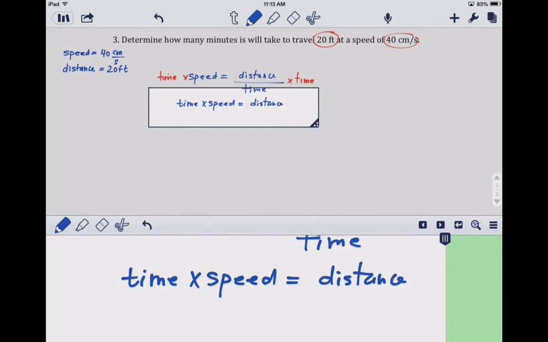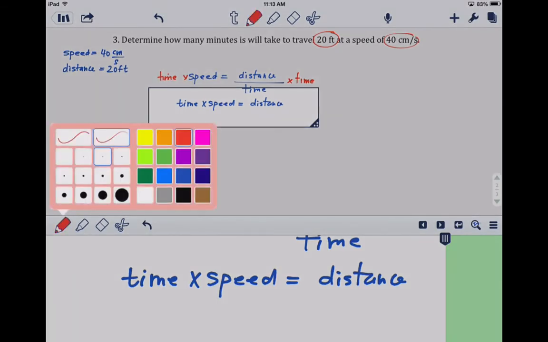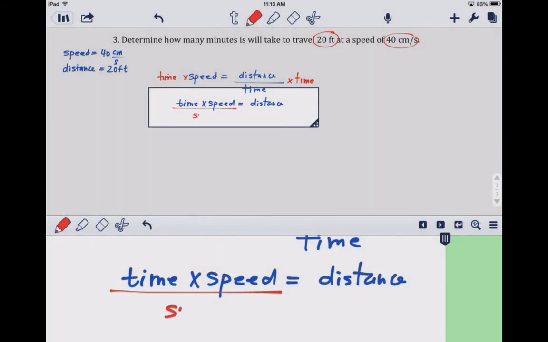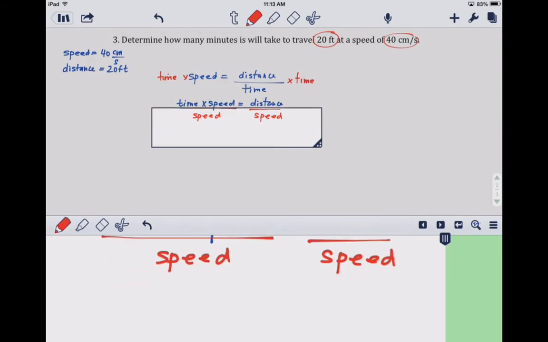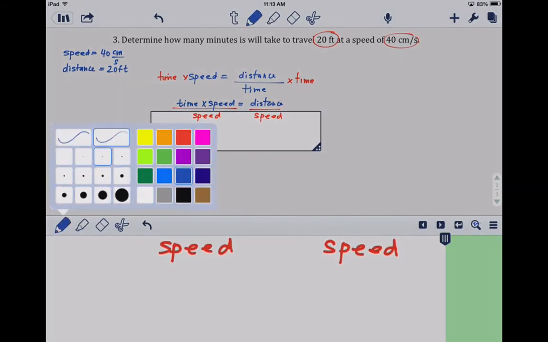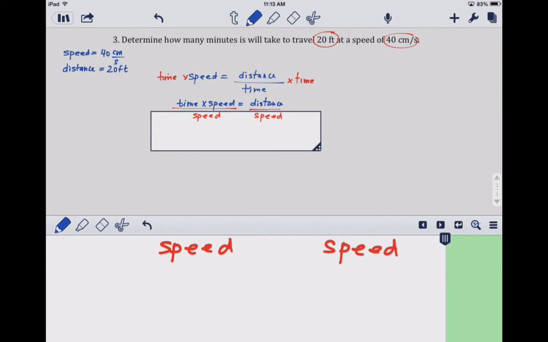And then to get time by itself, I now divide both sides by speed. And this is going to leave me with my final equation that I'd like to use that says time equals distance over speed.